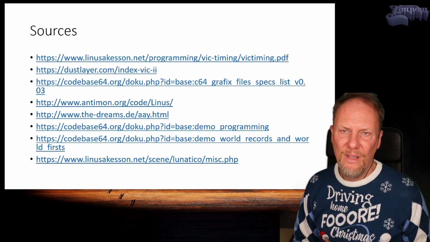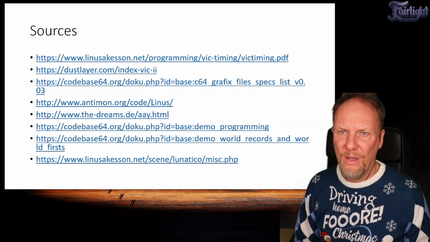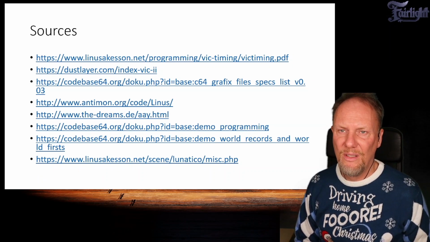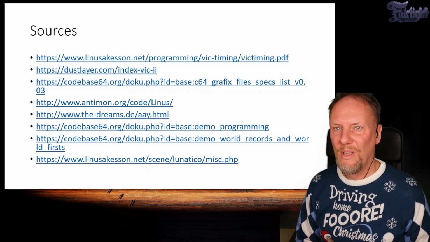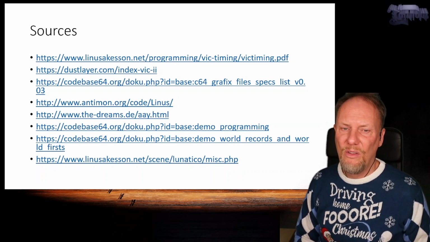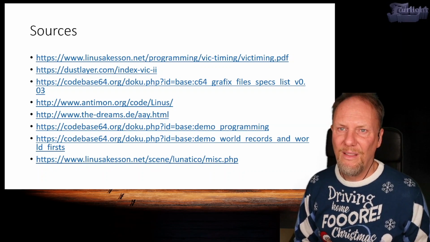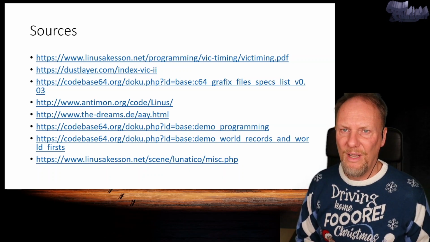Dustlayer, it's a 10-12-year-old set of web pages where you can see the inner workings of VIC-II. I hadn't seen that one before, but when I started Googling extended color mode just to make sure that my general understanding was correct, that's where I ended up. And to be honest, he has done a great piece of work there to describe the VIC.